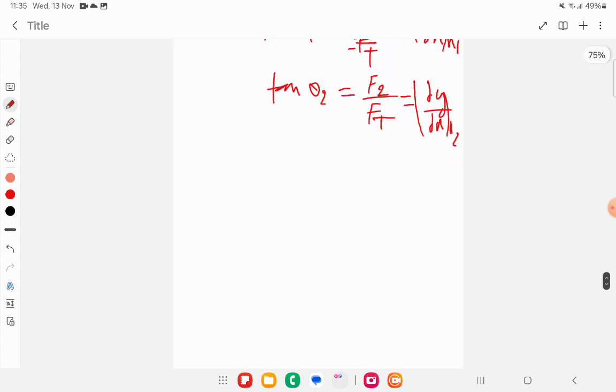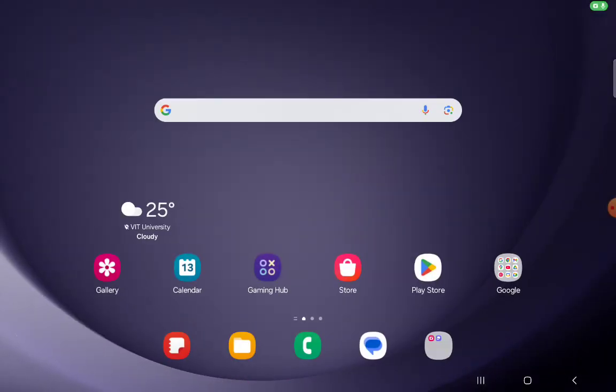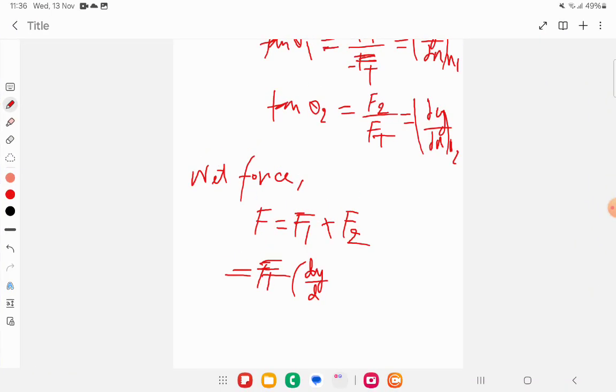Now net force is equal to F1 plus F2, which is equal to Ft times (dy by dx at x2 minus dy by dx at x1).